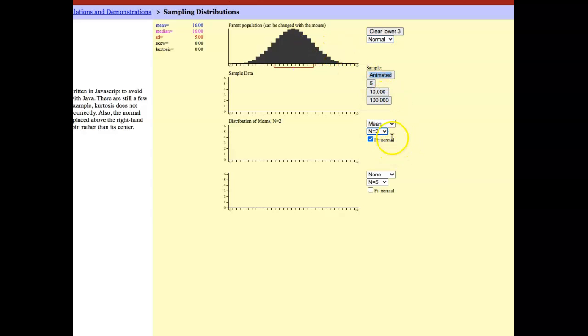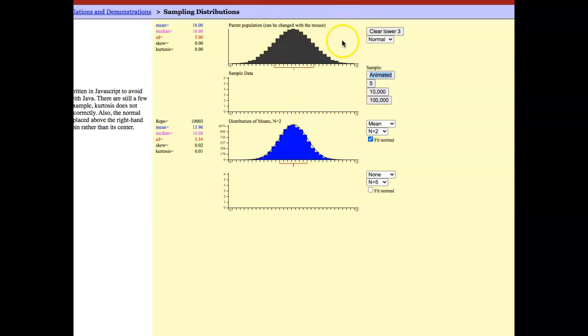My sample size can be 2. So 1, 2, mean, 1, 2, mean. And when I create my sampling distribution, it will still be normal. So no matter what the sample size is, if the population is normal, the sampling distribution will be normal.